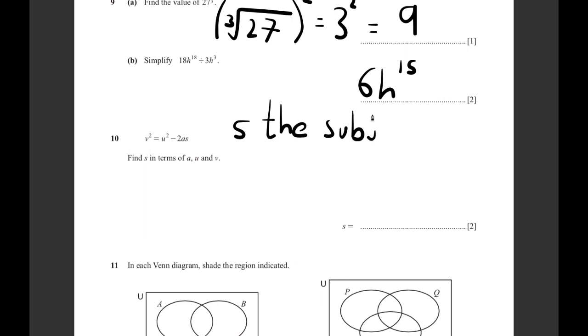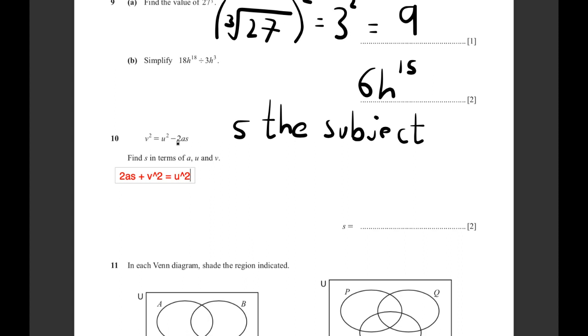Okay. There's a couple of different ways of approaching this. I like my things being positive generally, so that's how I'm going to approach it. So, first of all, we are going to add 2as to both sides of the equation. So we get 2as plus v squared is equal to u squared.